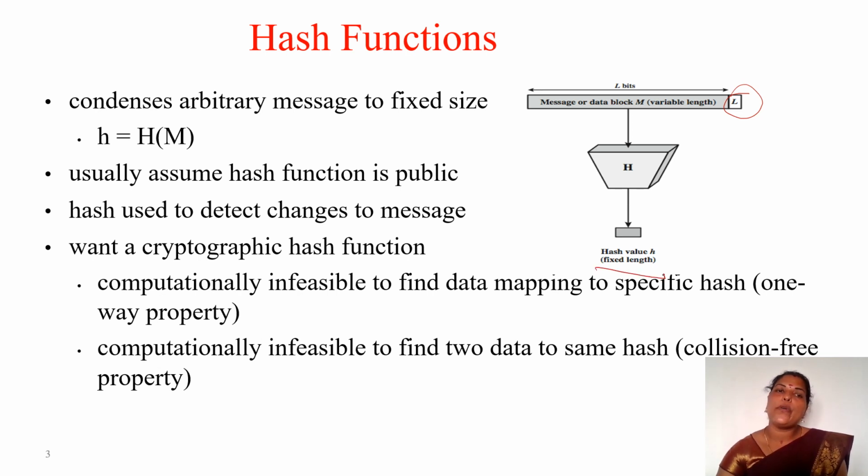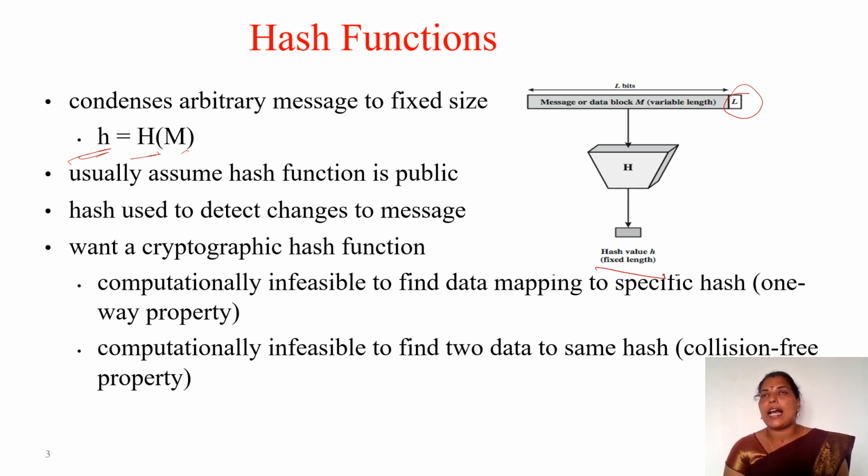So how do we denote the hash? h equals H of m, that is, the hash value equals the hash function of the message m. Capital H is the hash function. For the hash function we can use any formula, some XOR operation or whatever we apply, and we generate a new hash value.